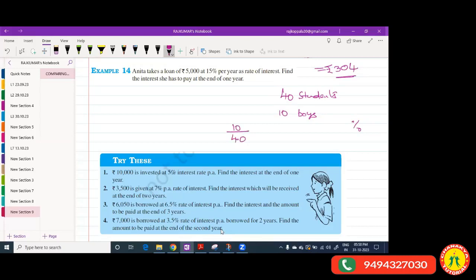We have to find the percentage, so into 100. 0 cut 10. 2 2s are 2, 5s are 25. So 25% of boys are in that class. 10 boys out of 40 means in percentage it is 25%. Next time don't make this type of silly mistakes.